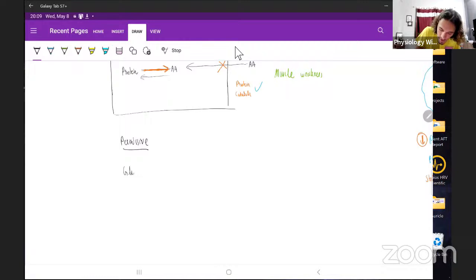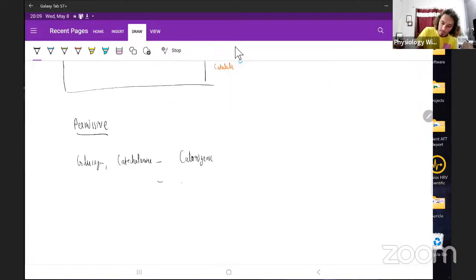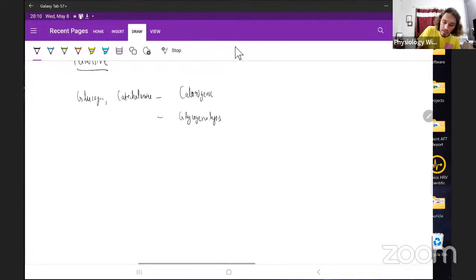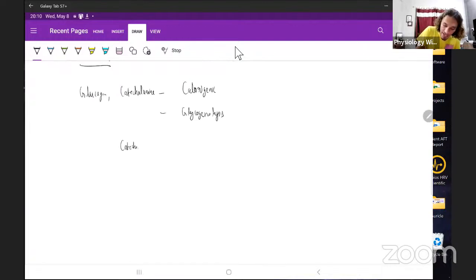For glucagon and your catecholamines, their calorigenic activity, the heat production done by them, is helped by your cortisol. Also, the glycogenolysis. For that, I told you, glycogen is formed with the help of this.